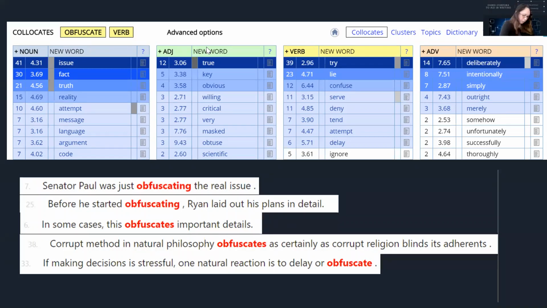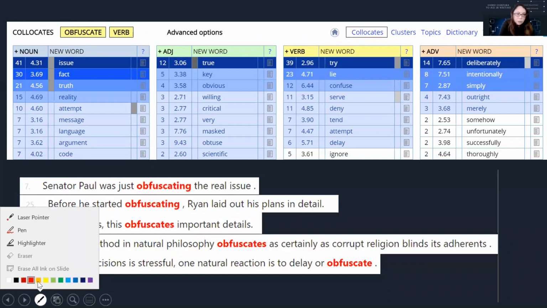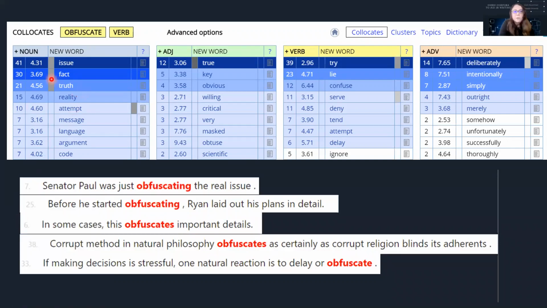Maybe I should have chosen a different word like promulgate. Would have been harder. Maybe try to ignore something? Okay. Well, let's look at certain words here. We've got truth, we've got a lie, we've got confuse.